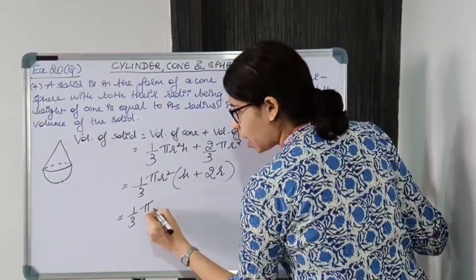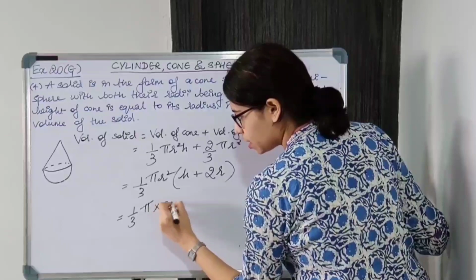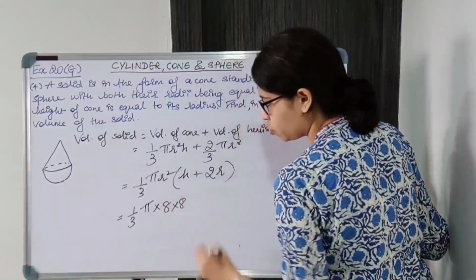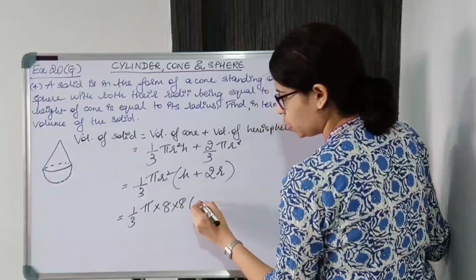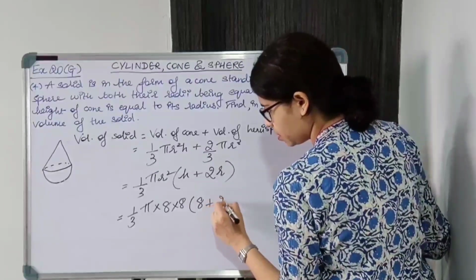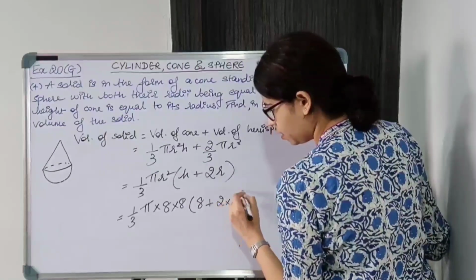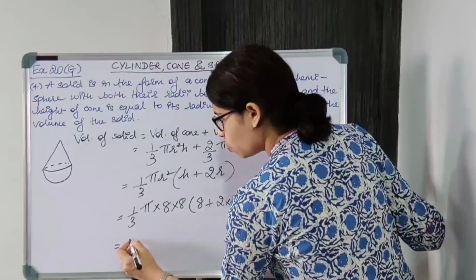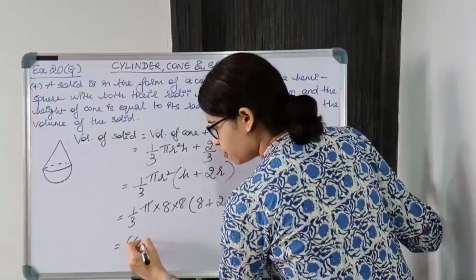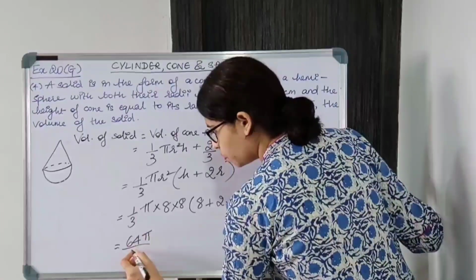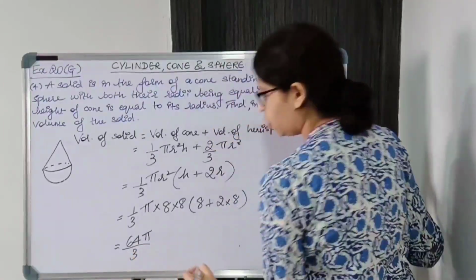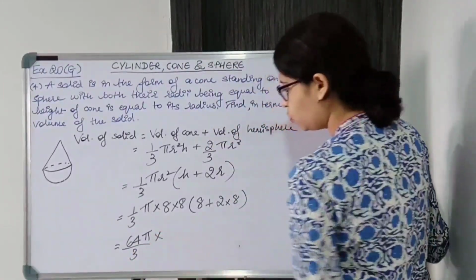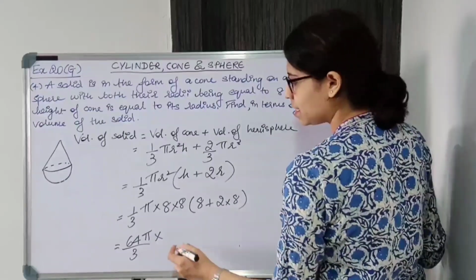And over here r square is, r is 8, so r square 8 × 8 हो जाएगा. h is 8 plus 2 × r, that is 2 × 8. Okay, so 8 × 8 gives 64 pi upon 3, into 8 + 16 हो जाएगा.